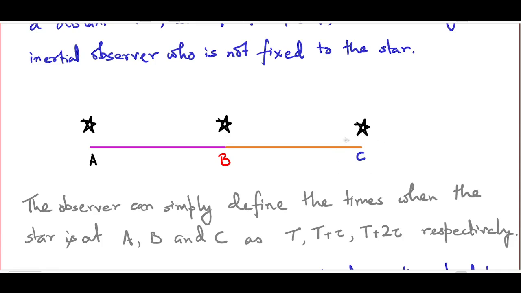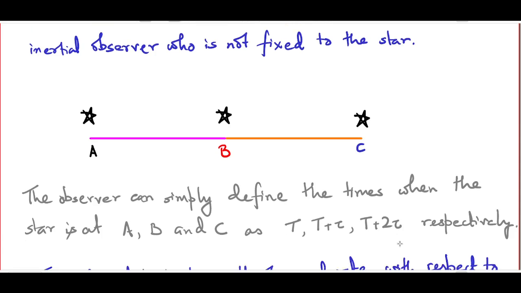The time you assign to the point C or the event which is occurring at C is capital T plus twice tau. And of course, if you had more points D, E, F which are all equally distant from each other, then our time measurements would be T plus 3 tau, T plus 4 tau and so on. So what we are doing is we are using this distant star to establish our notion of time.